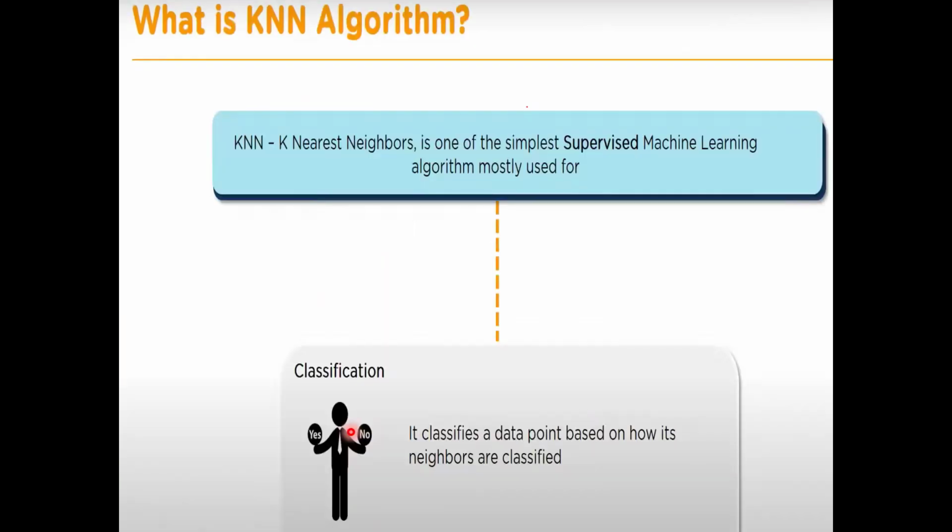For this, we are supposed to analyze how the KNN algorithm is going to work. As we already discussed, KNN is one of the simplest supervised machine learning algorithms, used for classifying data points based on how their neighbors are classified. If we remember the plotting, we have a cluster.